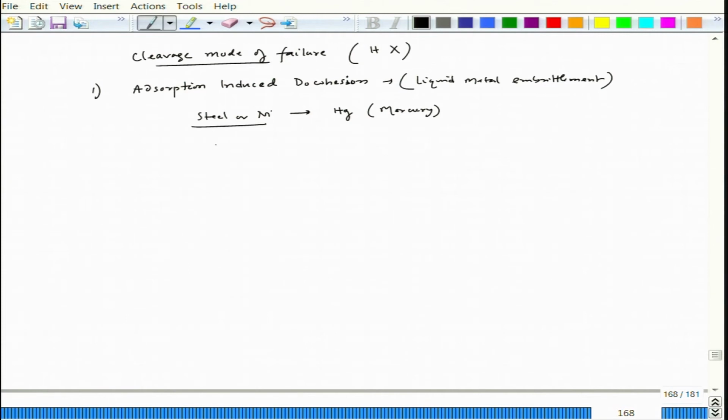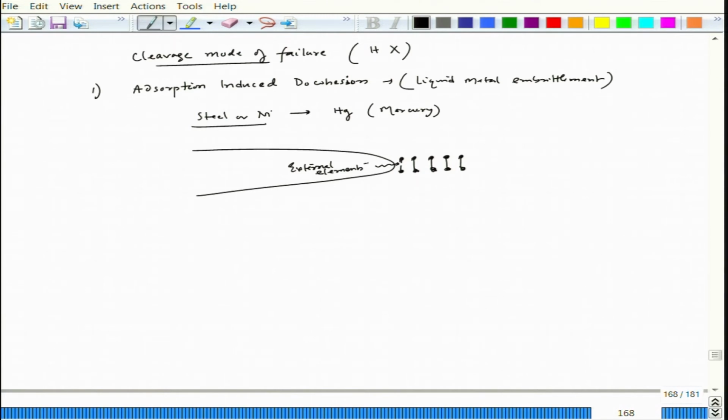So, what happens? You have this crack tip, and those atomic bonds are there. So, this is the atom, these are the atomic bonds. And these external elements can diffuse in and weaken this particular bond strength, and this bond is broken.